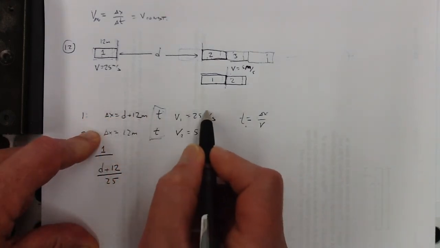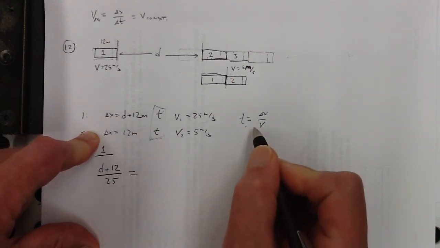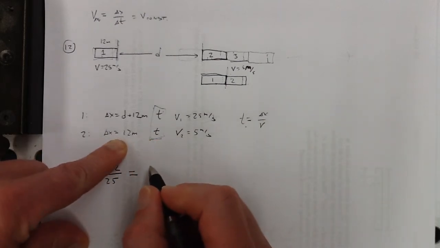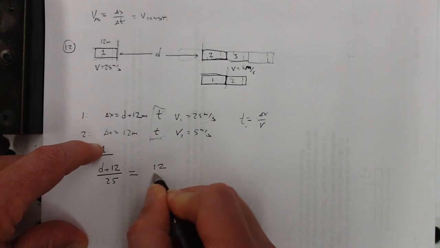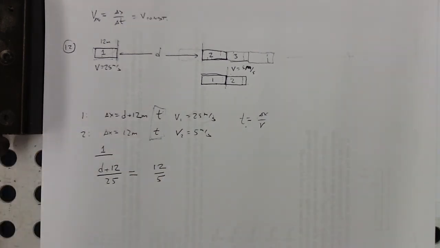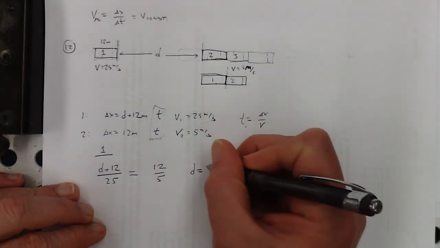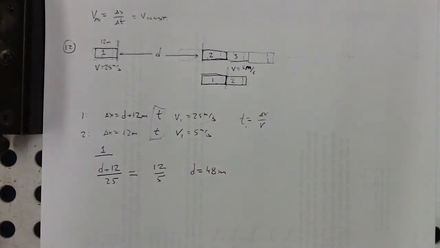That's the delta x for this. And the times are equal, so that's got to be equal to the same time for this car, which is 12 meters over 5 meters per second. And that's it. So, doing a little bit of math, it looks like d is 48 meters. All right, that's part A.